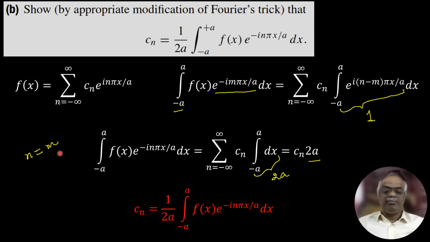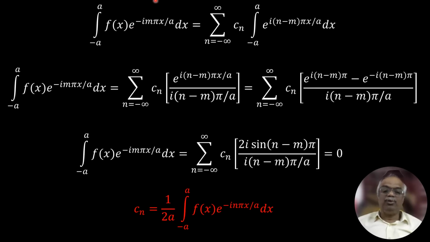What will happen if n is not equal to m? Now we will see what will happen if n is not equal to m. So you carry out this integral in the left hand side. We have assumed that n is not equal to m, so this exponential term will be some integer multiplied by pi x over a.